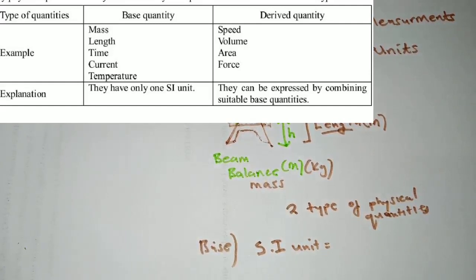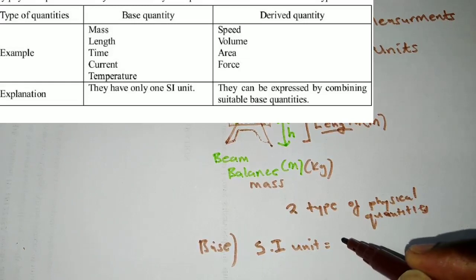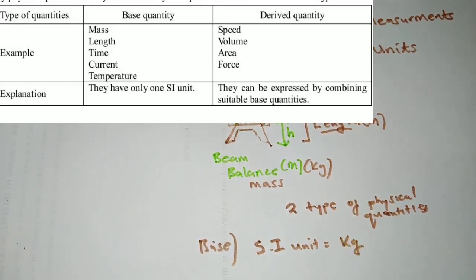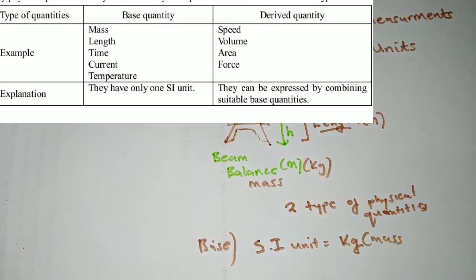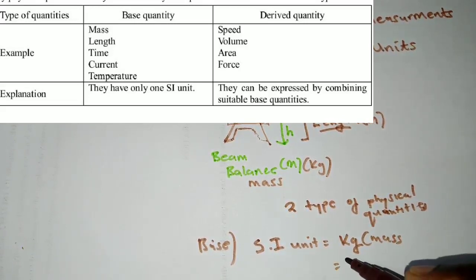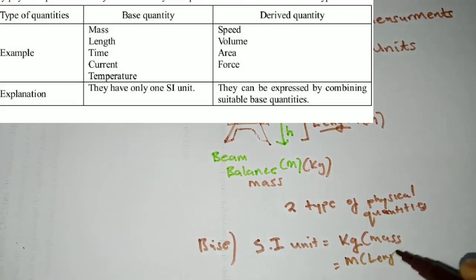For example, the SI unit for mass is the kilogram, only one. For length, we know it is meters, and so on and so forth.